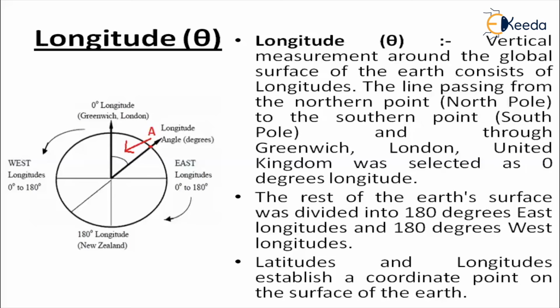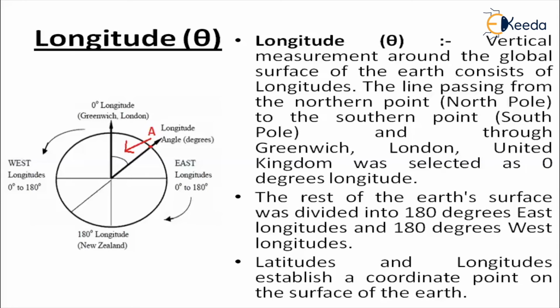Latitude lines are horizontal lines, with values up to 90 degrees, but longitude goes up to 180 degrees. From this figure, if point A is a place on the Earth, the latitude and longitude are given by the angle measured from the Greenwich line of London, 0 degree, to that place.